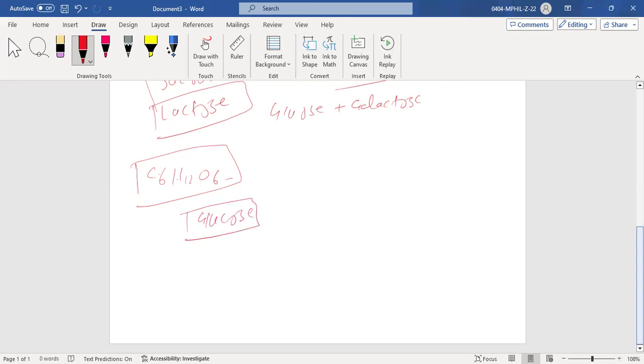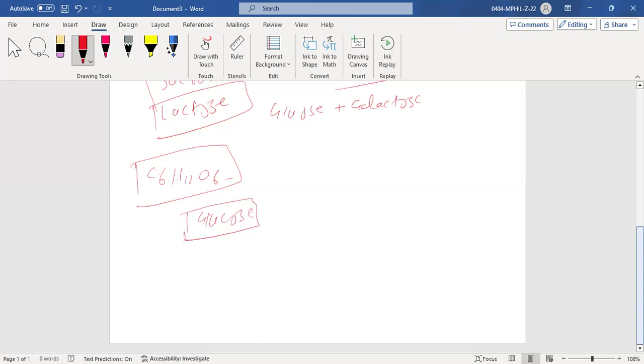We will discuss it mostly in two forms: one is a straight chain, another is a cyclic chain. Here I'm just trying to differentiate it because these are isomers of each other. As we know, their chemical formula will be the same, but they have different structures. So glucose has a different structure.